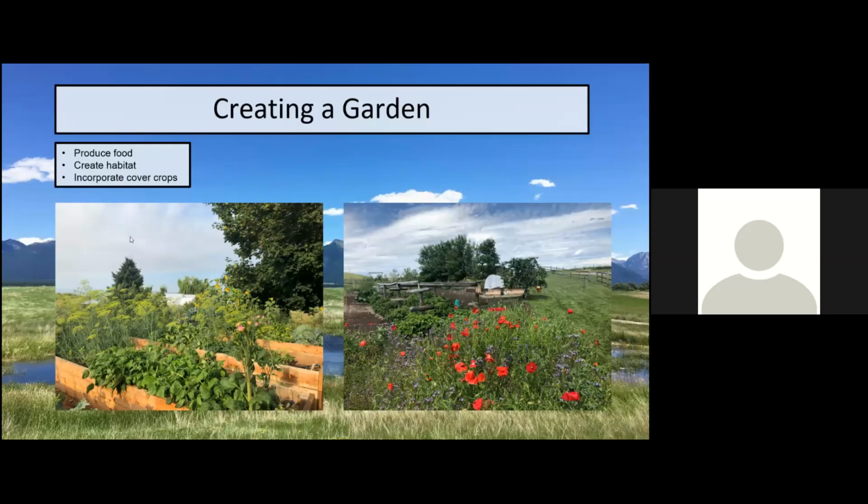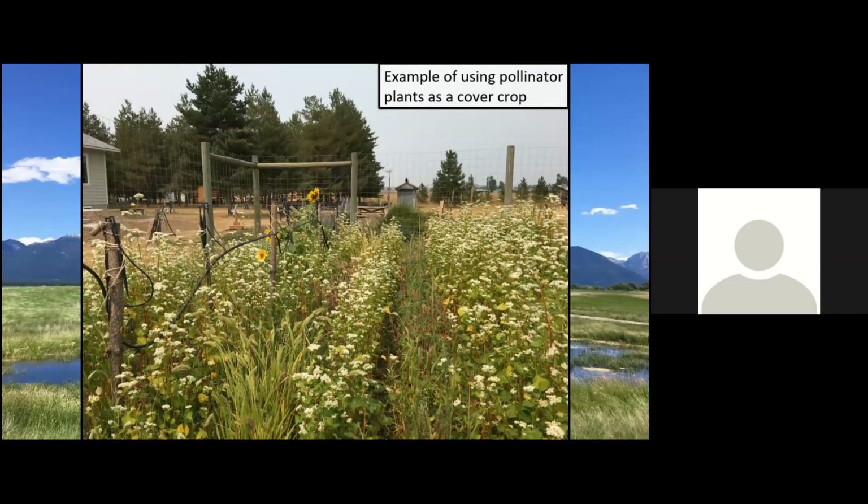And then I wanted to show you an example of adding cover crops. Incorporating flowering plants or covering the soil in gardens is always a good thing. This is an example of someone in Lake County that has a garden.